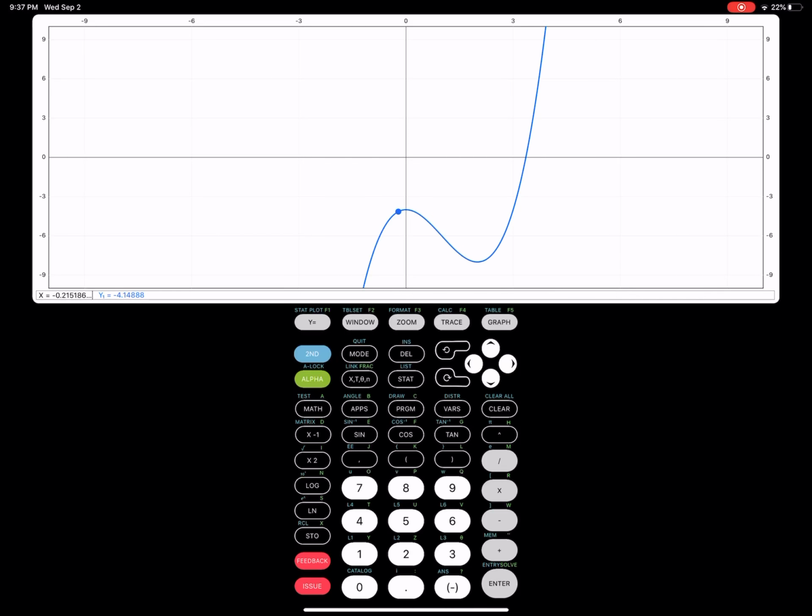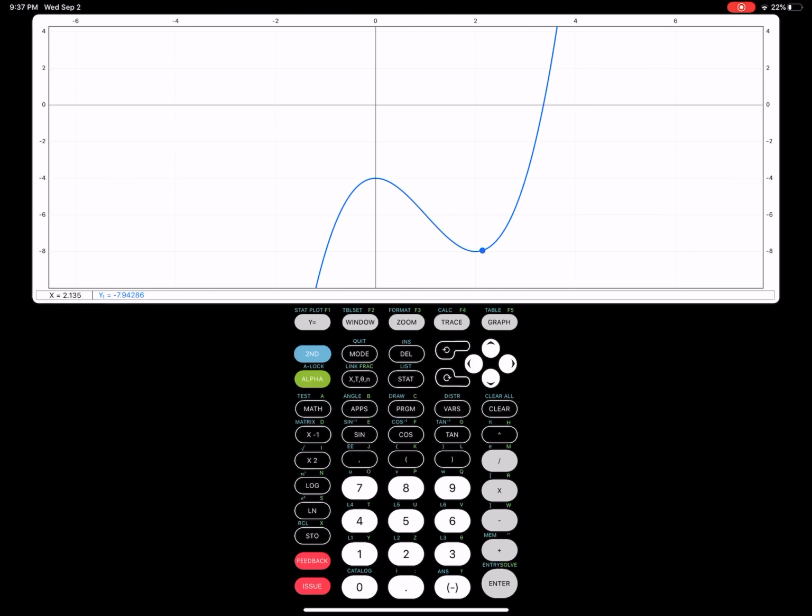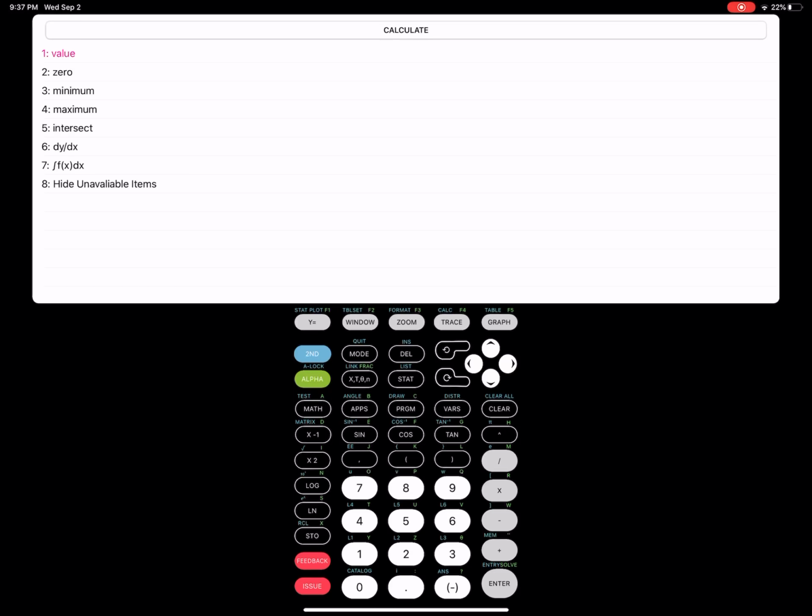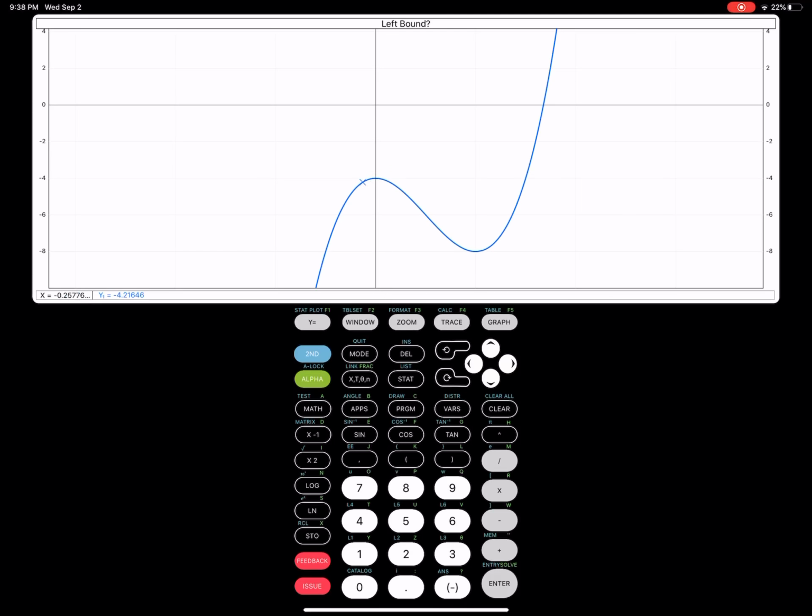And so here I go. Graph. All right, it looks like it has a maximum and then a minimum. Maximum's around there somewhere, minimum's around here somewhere. So I'm going to try to find the maximum first. Hit second trace, go down to number 4, or just hit 4. Go to the left of your maximum, hit enter.